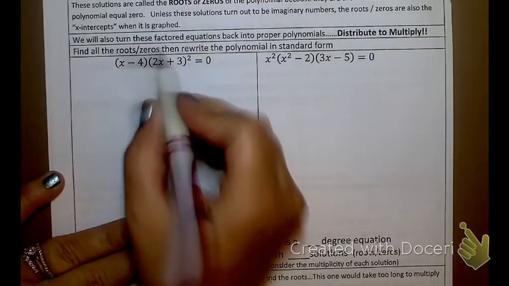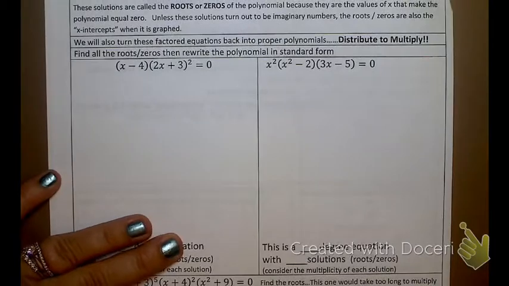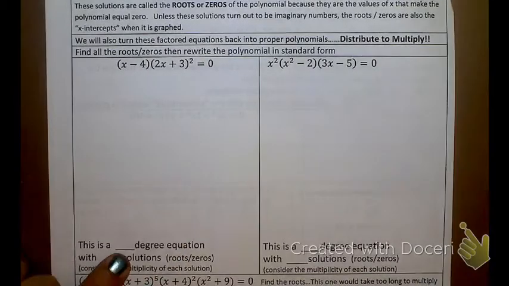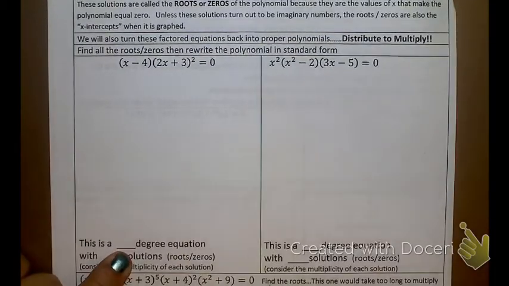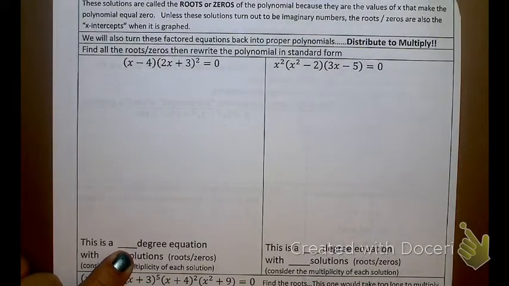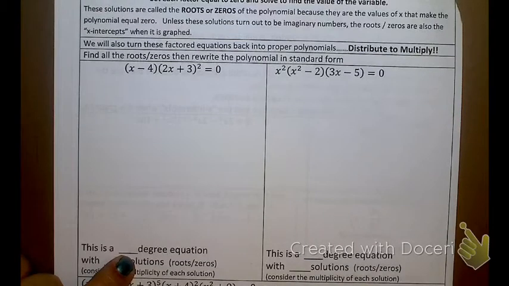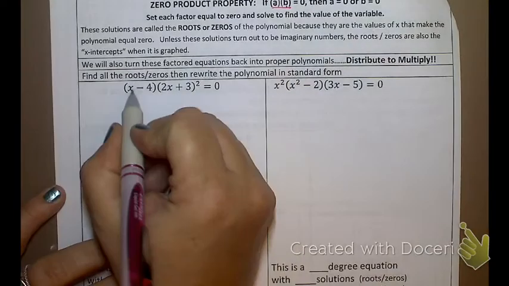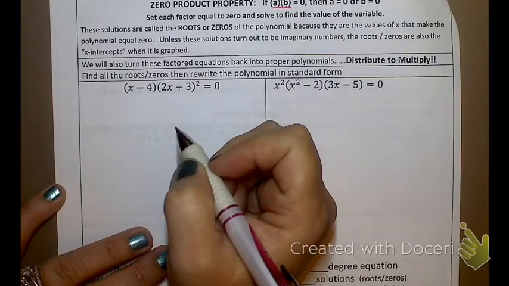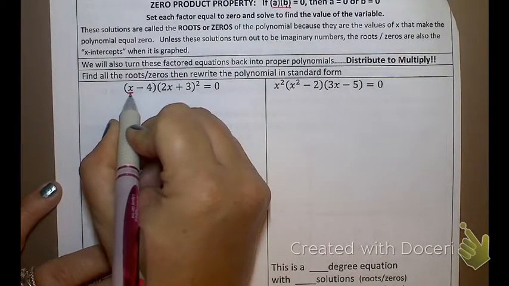Okay, so let's look at something like this right here. And my question here is, first off, what is the degree here? In other words, if I were to multiply all of this out into standard form, what would the degree of the polynomial be? The way I can find out is basically counting my x's. This is 1, right?